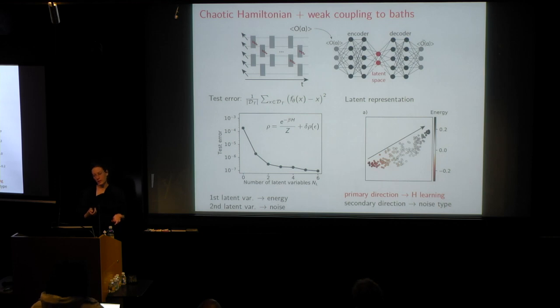So what we learn here is that with these autoencoders, we are able to extract the number of parameters that our data is parametrized with. In the case of weakly open chaotic time evolution, this will essentially just be the temperature of the state at long times.